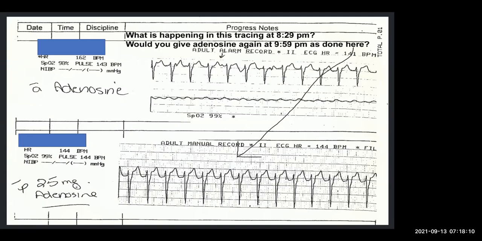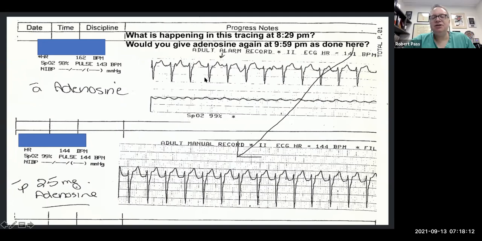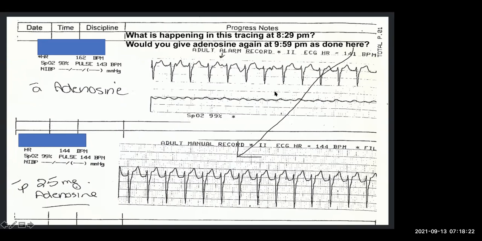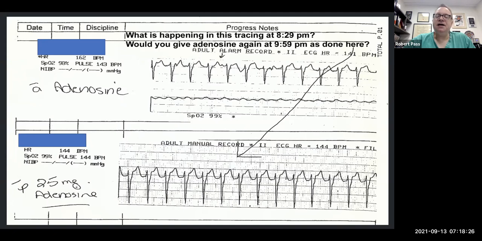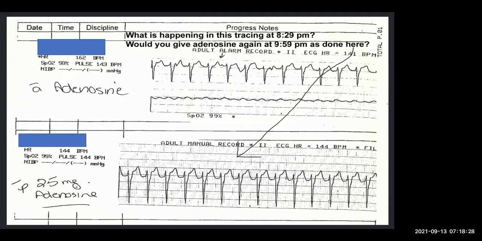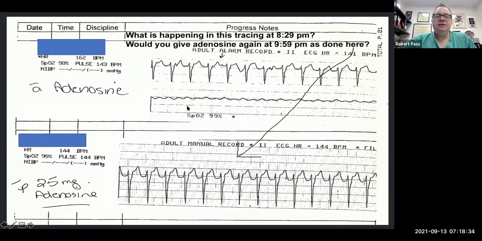If there is a change in relationship between the P waves and the QRSs, is that consistent with the diagnosis of SVT? No, it's not. Because it would be dissociated P waves, AV dissociation. There is no consistent relationship, especially in the setting of adenosine.